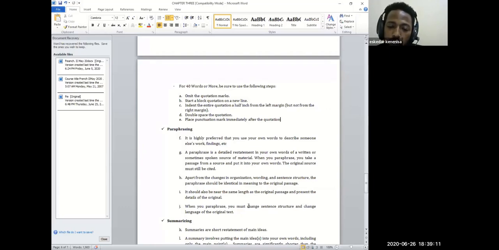Since it is a detailed one, the length is almost identical with the original one. The message is identical. The length is also somehow identical to the original one, because the passage and the sentences are restructured, but the whole message is taken. Therefore, in length it is also identical.